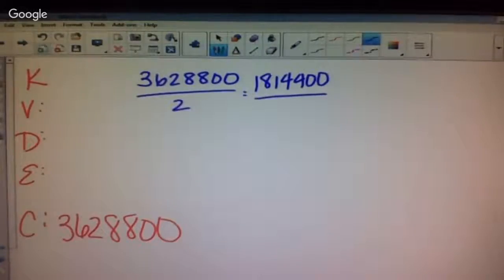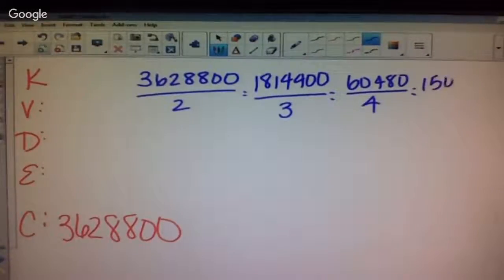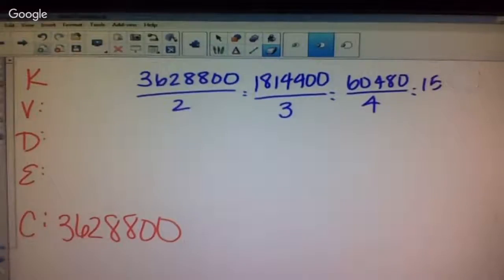Now I divide by 3: 604,800. Now I divide by 4: 151,200.